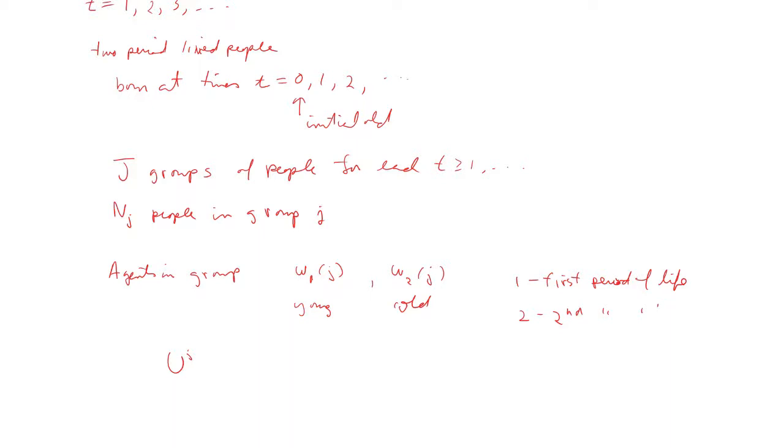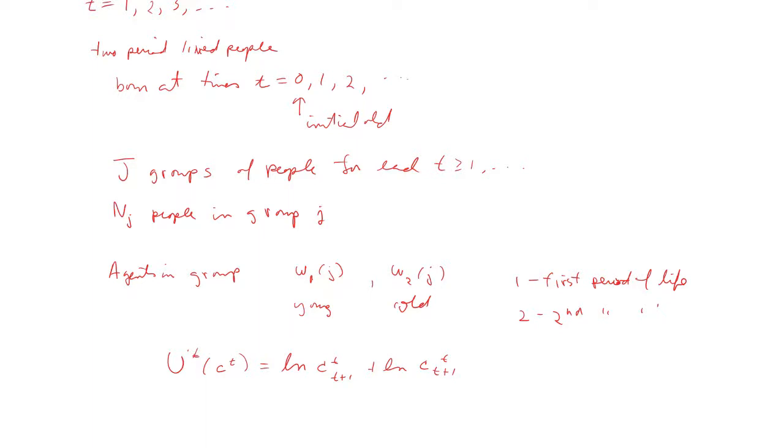Actually, we'll say everybody's alike, so I won't index them by j. If you're born in period t, you have preferences over consumption today and consumption tomorrow. And I'm going to make these log preferences. Why log? Because I can compute savings functions very easily.